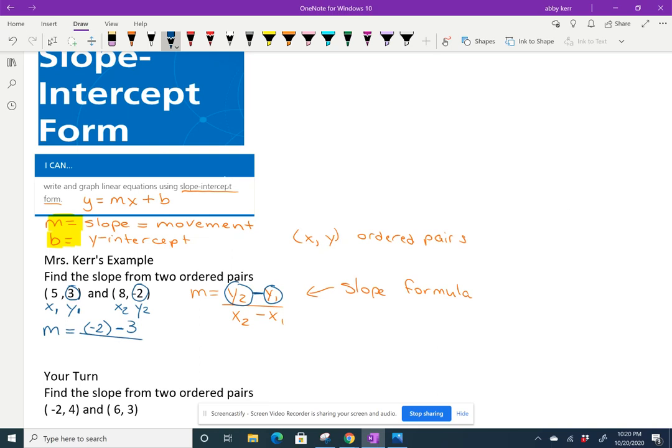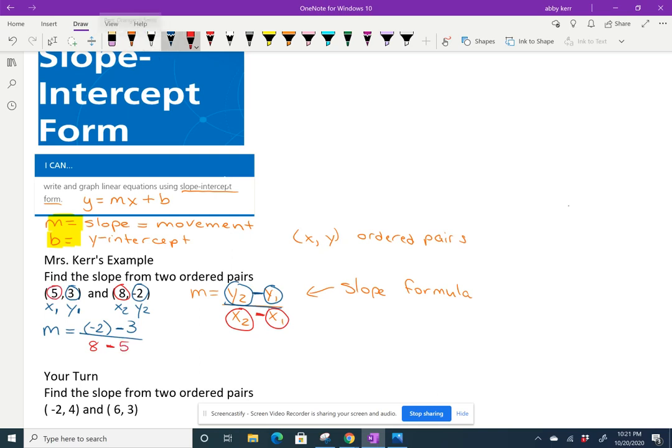Now my division bar comes from the formula. And then I'll do a different color for the x's. So my x2 is actually my 8. That's what I have labeled. The minus sign comes from the formula.